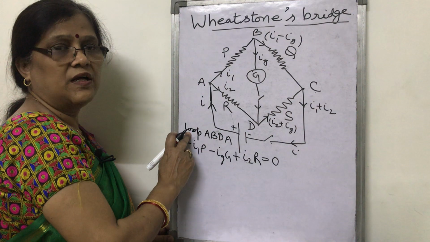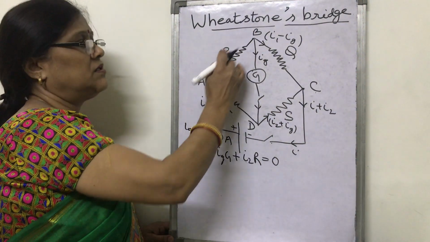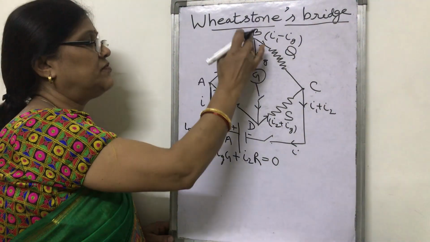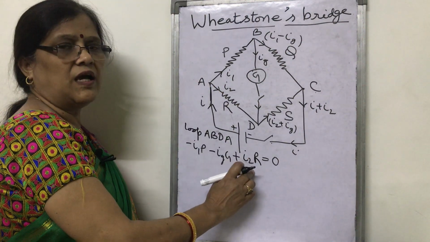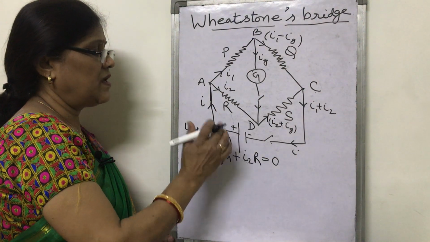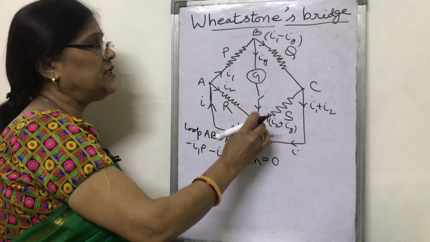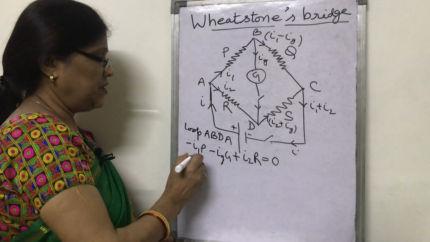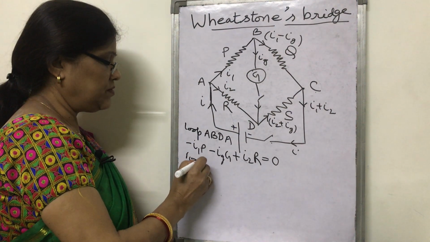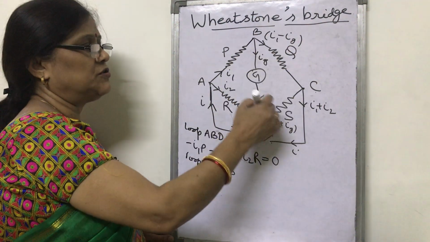Loop rule, what was that? The sum of all the changes in potential difference across any closed loop is 0, so you have written as per the loop rule. Now in the second loop we consider B, C, D, B and apply Kirchhoff's second law.